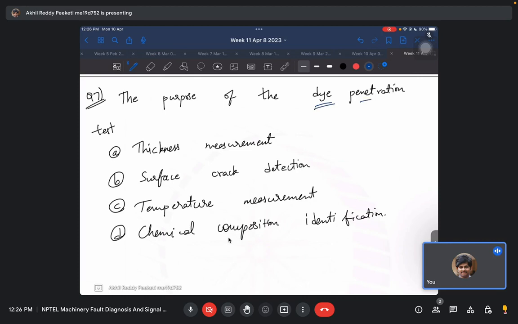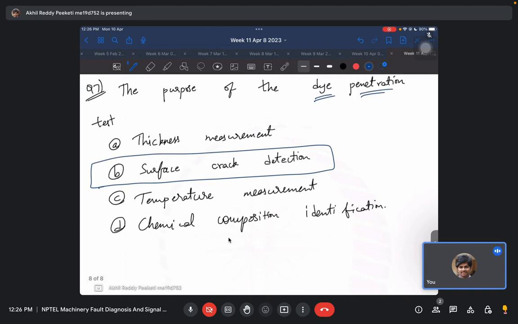So the dye penetration test is actually to detect the surface cracks, and not temperature or chemical composition or thickness.